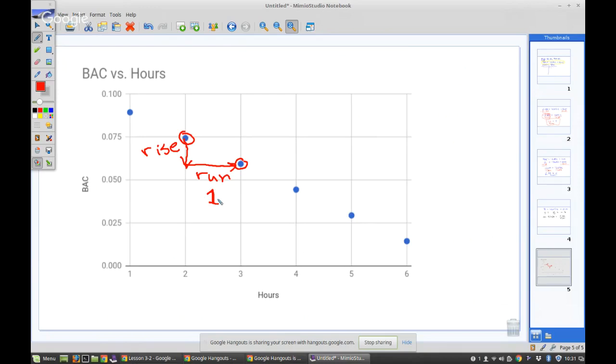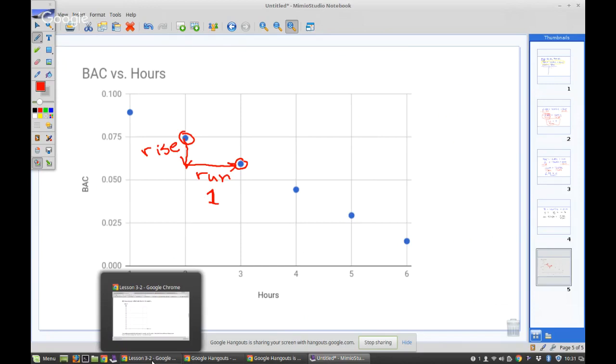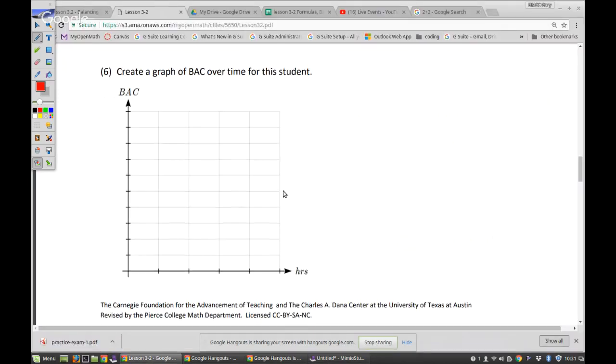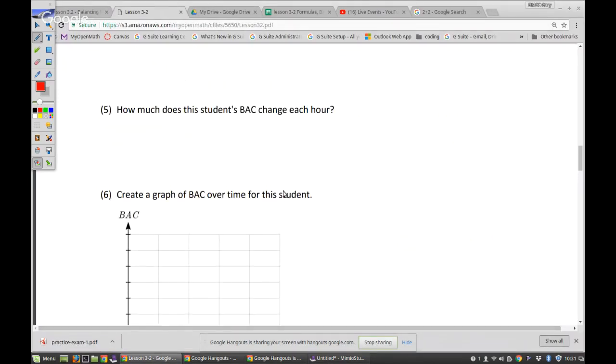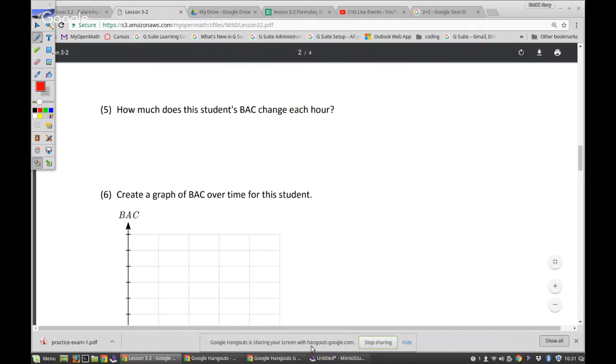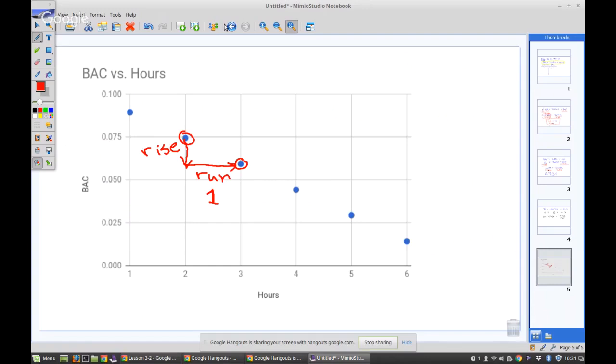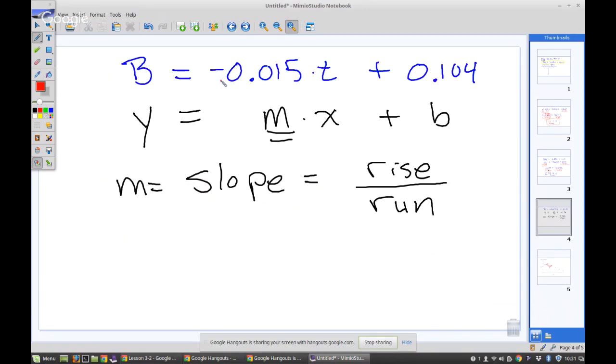Yesterday we calculated the change in blood alcohol for an hour. That was question number 5, maybe? How much does the student's BAC change each hour? What do we get there? Yeah, it drops by 0.015, which, coincidentally, is this number right here.